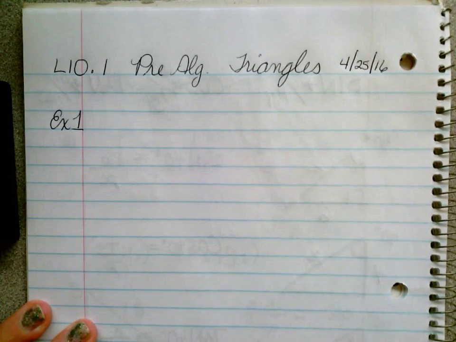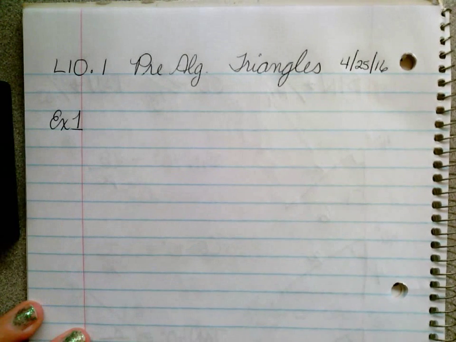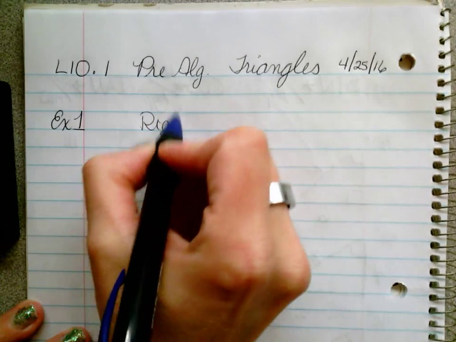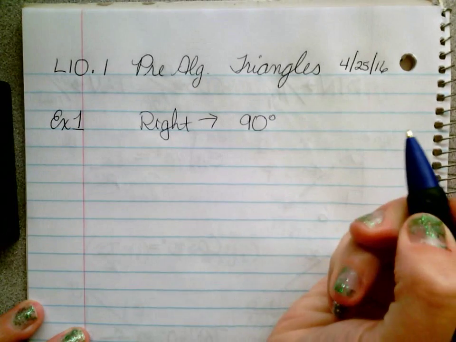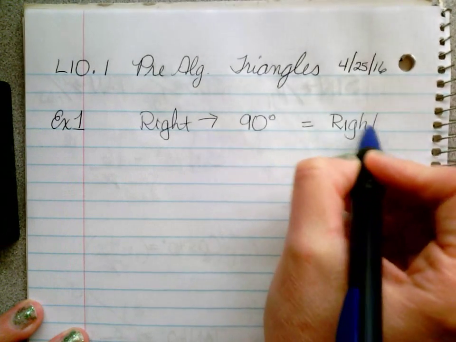What are the 3 different ways we might describe a triangle by angle? Any ideas? Acute. And? Right. Okay. So if there is a right angle, a 90-degree angle, you will call that triangle right.